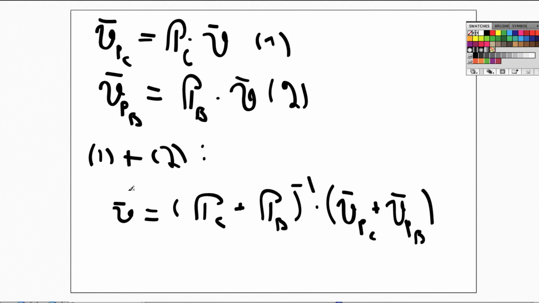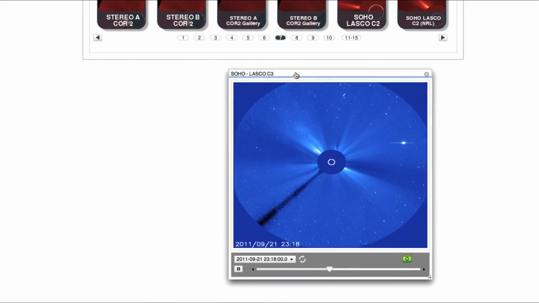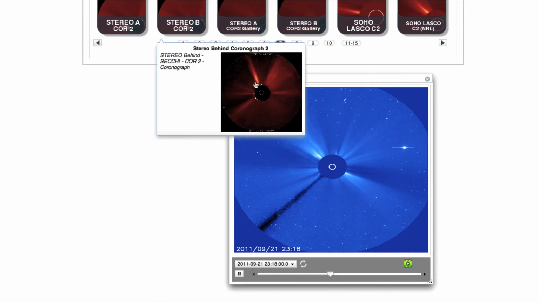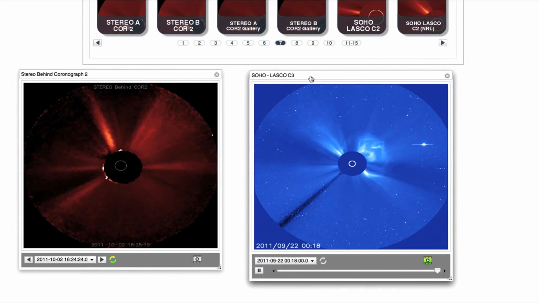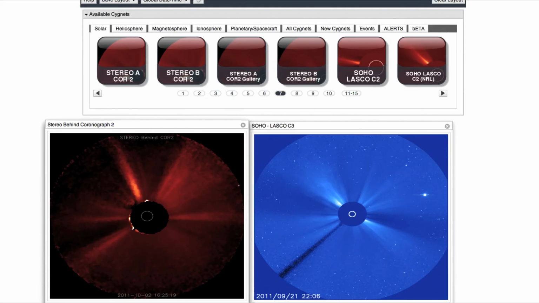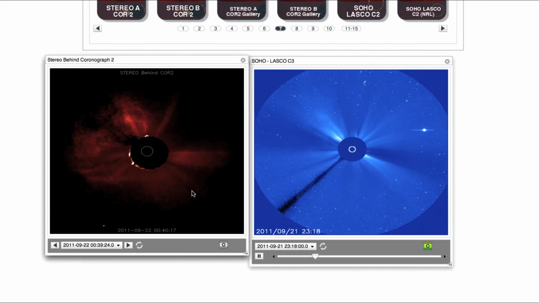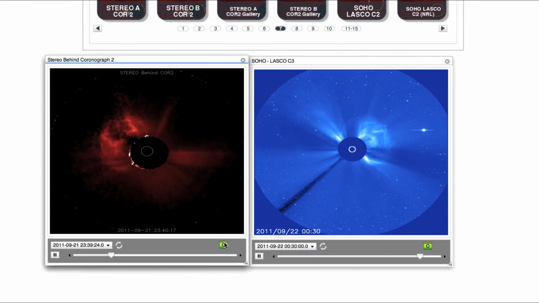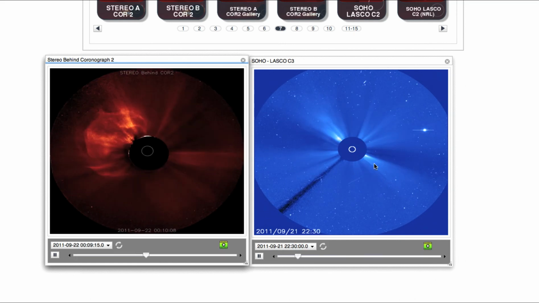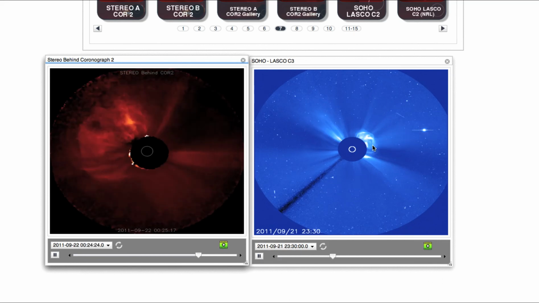What it means in practical terms is that if we bring here the observations from STEREO Behind, again I'm using the ISWA here, so let's bring in both displays at the same time and start the movie mode also for this display. From LASCO C3 imagery alone, you're not able to tell whether or not it comes towards the observer, towards the SOHO spacecraft.